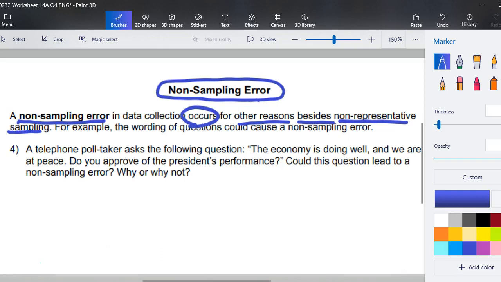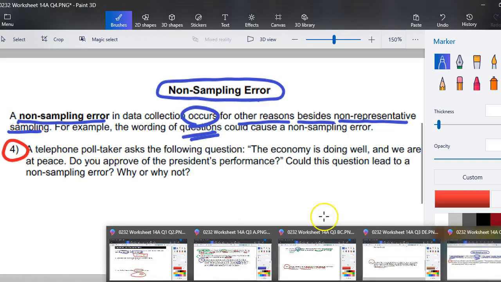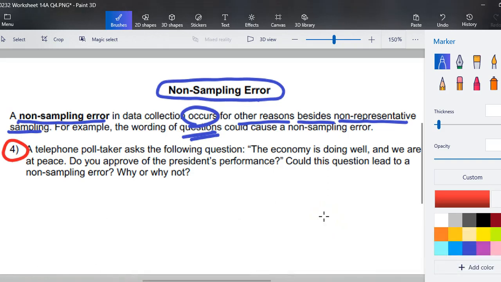For example, the wording of questions could cause a non-sampling error. So looking at question 4, a telephone poll taker asked the following question. The economy is doing well and we are at peace. Do you approve of the president's performance? Could this question lead to a non-sampling error?